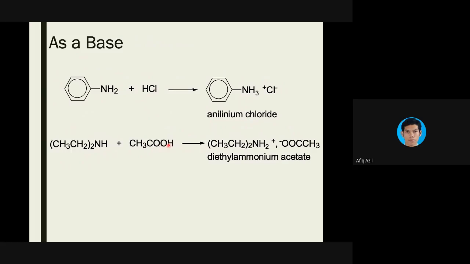CH3C double bond OOH is ethanoic acid or acetic acid. The product formed will be diethylammonium acetate, in which the N lone pair will accept this hydrogen, so it will become NH2 plus, and this will be the acetate ion.